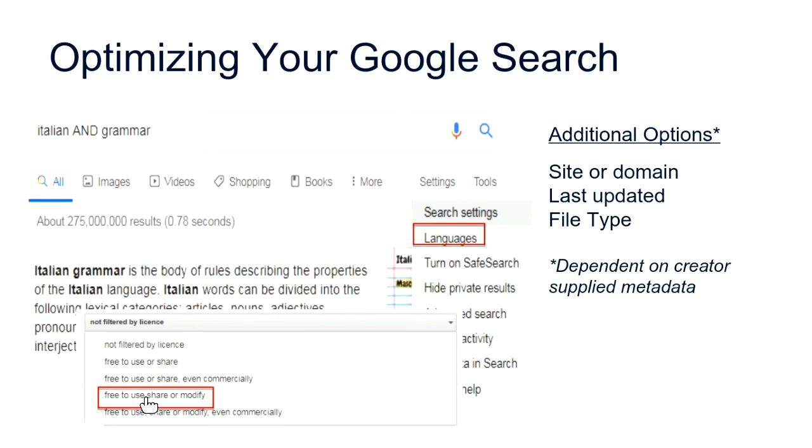So always make sure that the individual object on a site is in fact open by looking at that object itself. If there is no license attached to an object, you're going to want to look on the website for a terms of use statement. In the terms of use statement, it will tell you how the objects can be used and whether you're allowed to post them, modify them, share them, etc. Again, this does sometimes get complicated. The library is always there to help you do that assessment should you need.